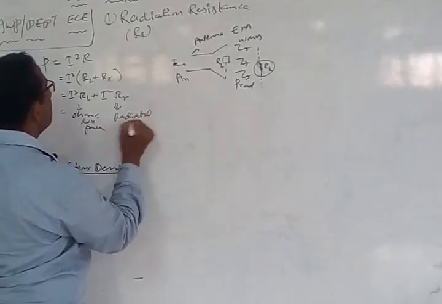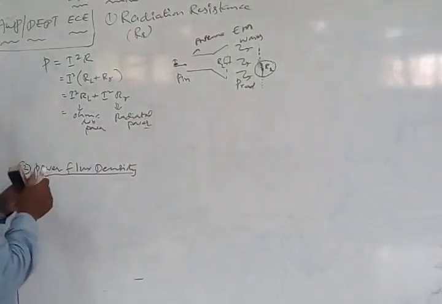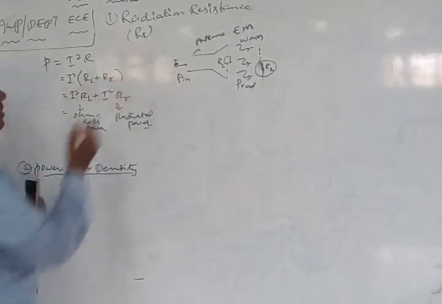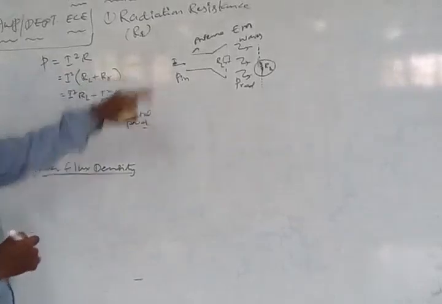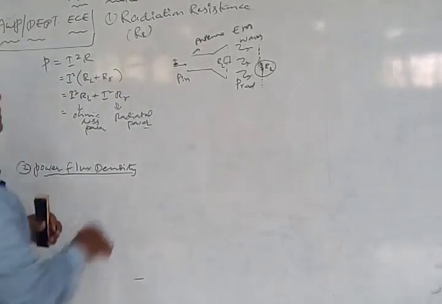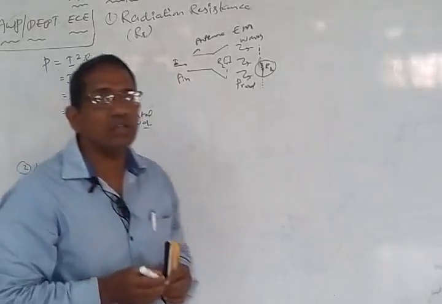The ohmic loss is nothing but loss. That means this power is not involved in the transmission of the EM wave. It is lost in the antenna, whereas I square RR is the useful power.